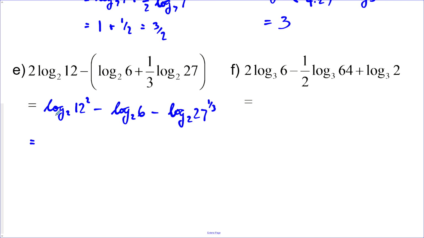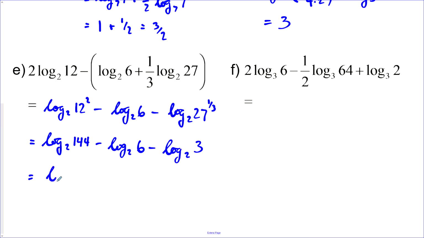Now this one here, we've got the same base for all of these now. So I'll do one more step and then we can put them together. This is 144 log base 2 of 6, and the cubed root of 27 is just 3.